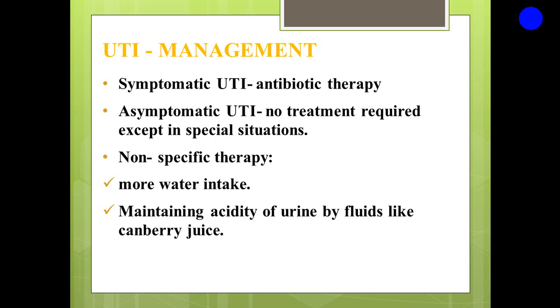Non-specific therapy has two lines: more water intake and maintaining acidity of urine by fluid like cranberry juice. The cranberry juice corrects the pH of the urine, which may not let the bacteria rise in numbers, of course.